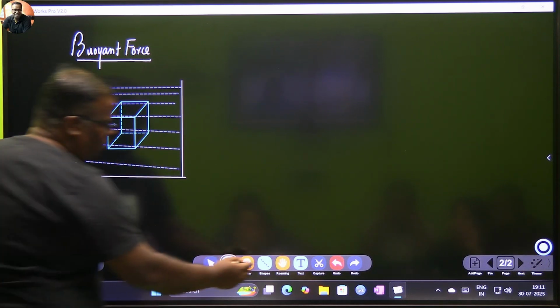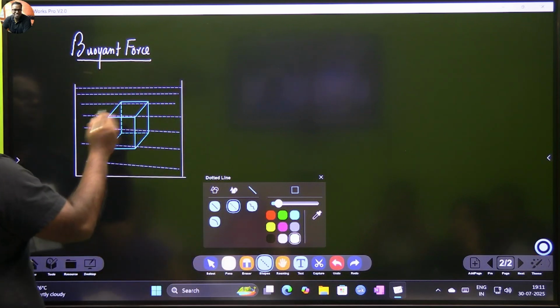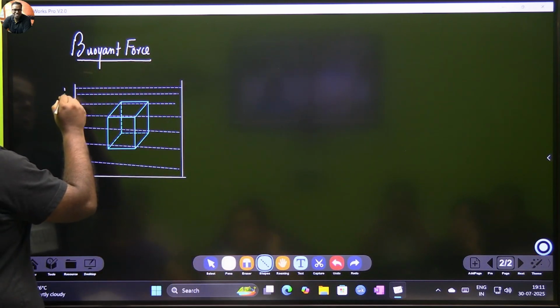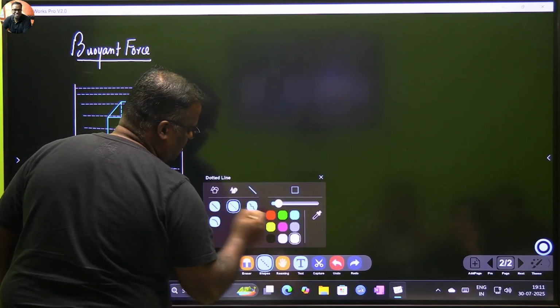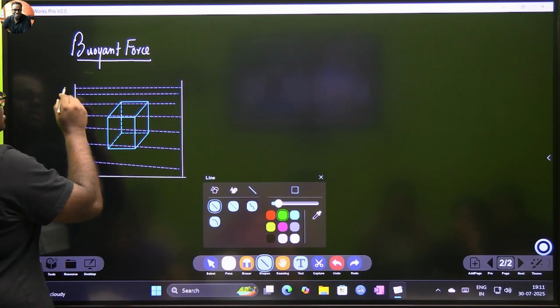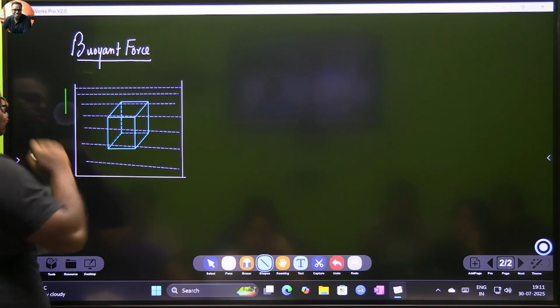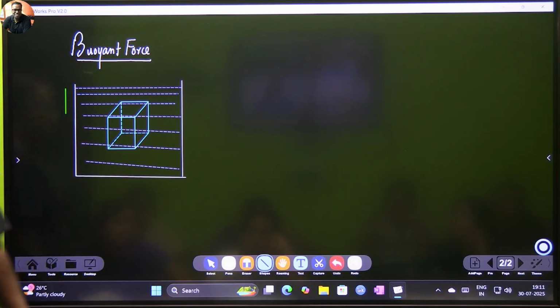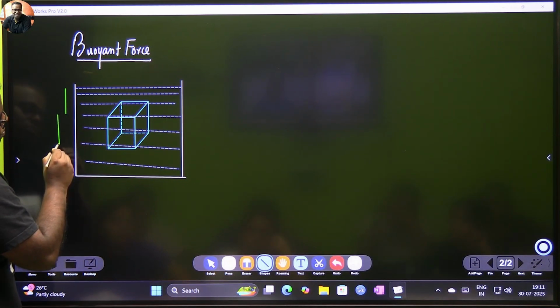Now let's get it a little bit more mathematical. और देखते हैं, हालांकि आपको derivation है नहीं, पर समझने की कोशिश करते हैं. Let's say you are at a distance h from the top. Have you understood? And there is another distance from the top to the bottom.